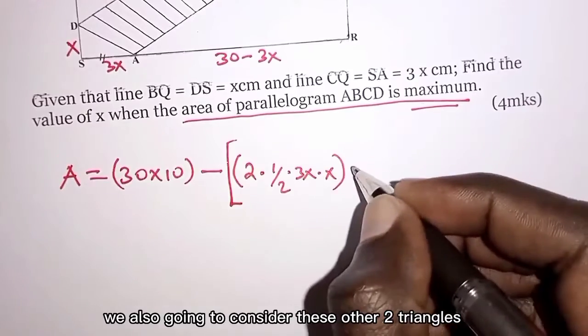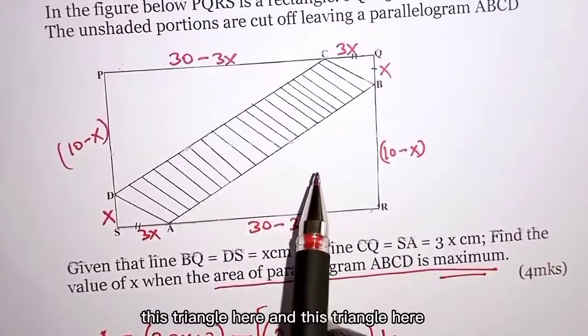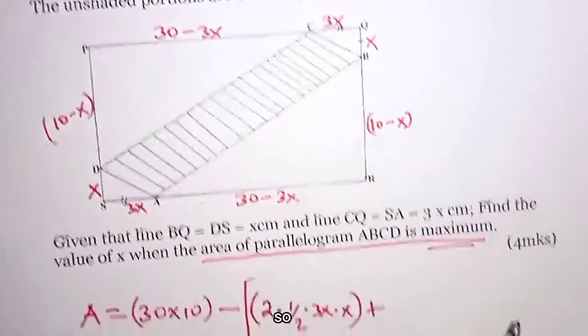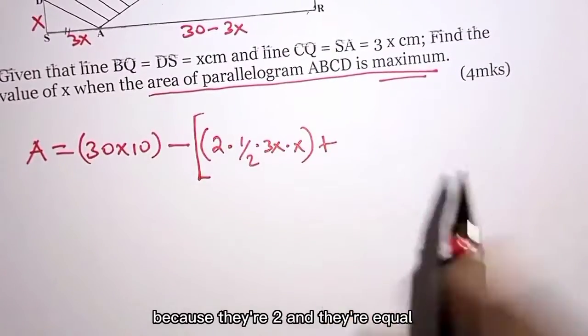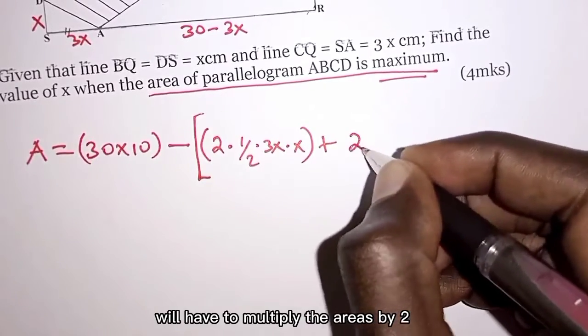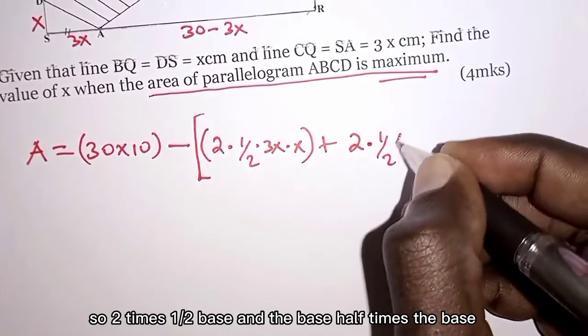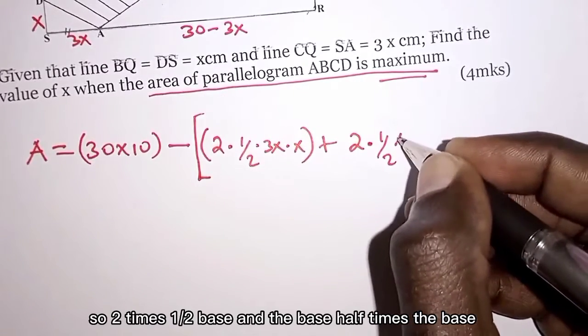Now once we're done with that, we are also going to consider these other two triangles, this triangle here and this triangle here. So because they are two and they are equal, we will have to multiply their areas by 2. So 2 times a half base times height.